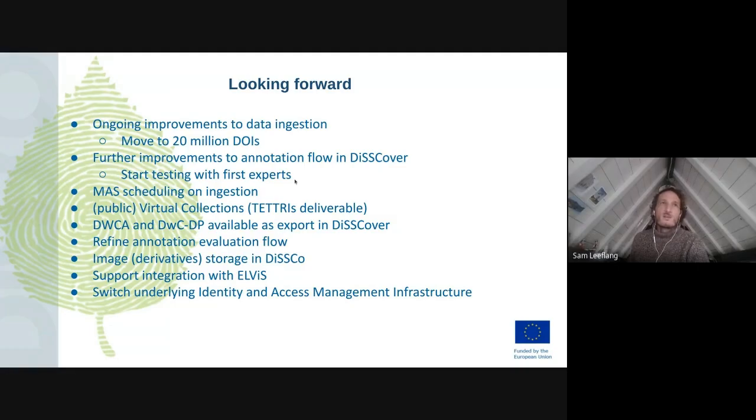Sue has been working on the machine annotation services, on scheduling those on ingestion. So say if I start the ingestion of a new data set, I want to check for each specimen if there is a record in ENA, so that we can directly make that link.